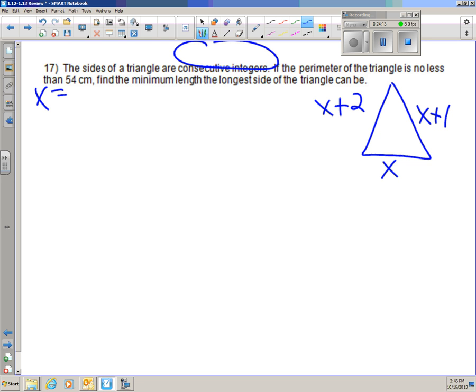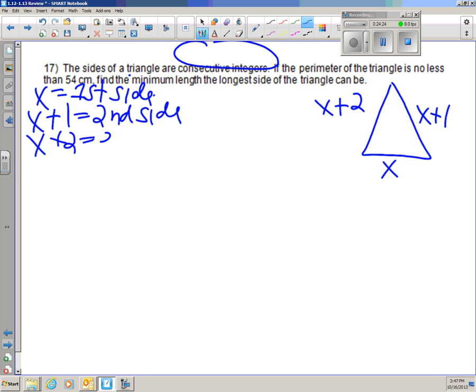So x equals first side, x plus 1 equals second side, x plus 2 equals third side. Perimeter, no less than 54 centimeters, which means if I add up all the sides, I get 3x plus 3. No less than means greater than or equal to 54.